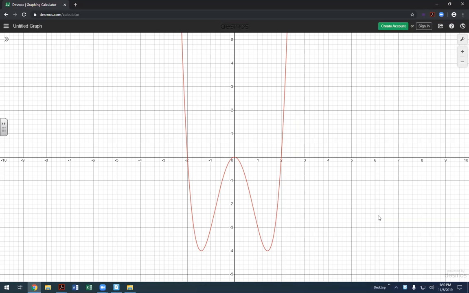So the first thing you should notice is that we're actually not turning at -1, -3, and +1, -3, right? Our graph actually goes down to the lowest point, which is at -4, and it's going to be -1.5 and +1.5, right? If you look at these ordered pairs here.